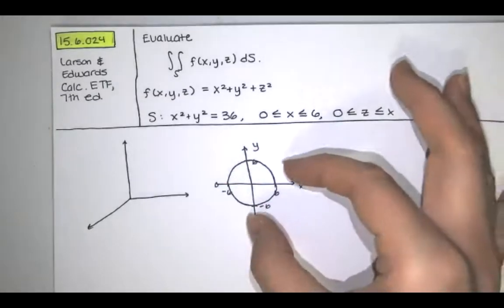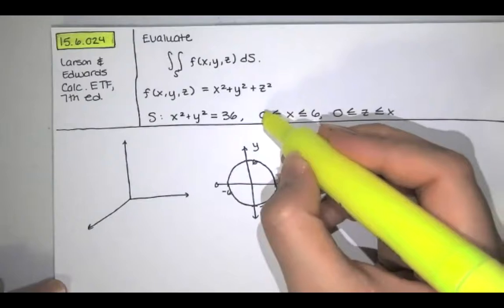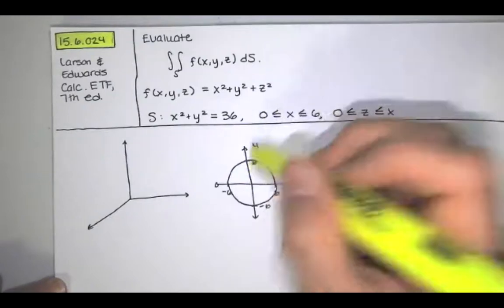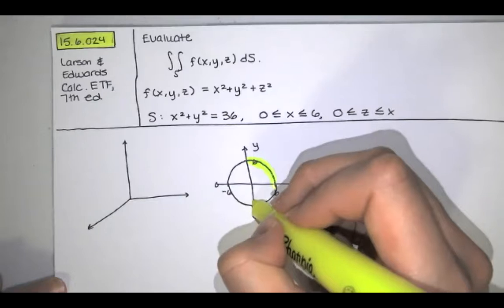But z is free to be anything, so this cylinder is coming up out of the page. But we actually aren't interested in the whole cylinder, just the part where x is between 0 and 6. So that means we're just interested in this right half.